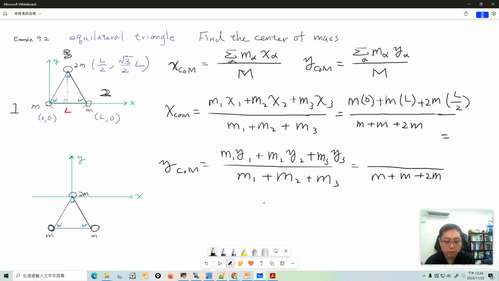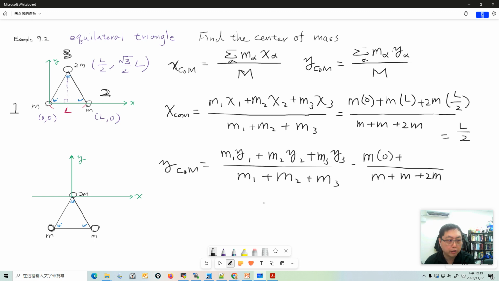So you can calculate XCOM. I need to calculate myself. In the numerator, mL plus mL is 2mL, divided by 4m. I think the answer should be L over 2. Now the y coordinate of the center of mass. The denominator is the same. In the numerator, the first particle mass is m and its y coordinate is 0.